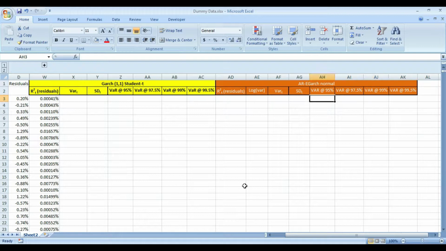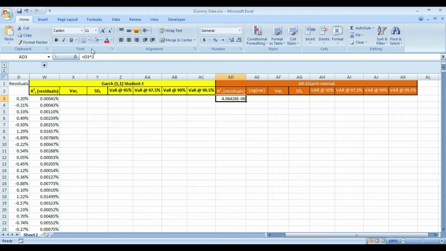First, we have to calculate the residual square. We'll simply copy this from our GARCH Student's t calculation. Residual square calculation will obviously be the same for each model you calculate.